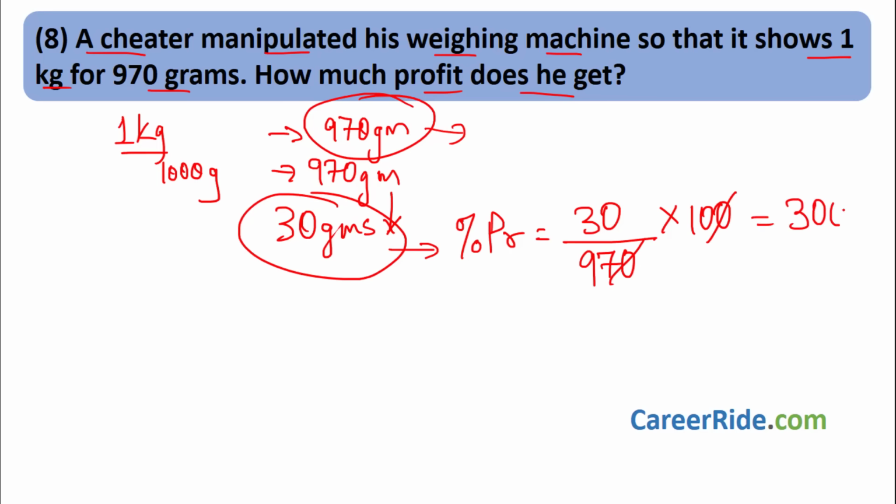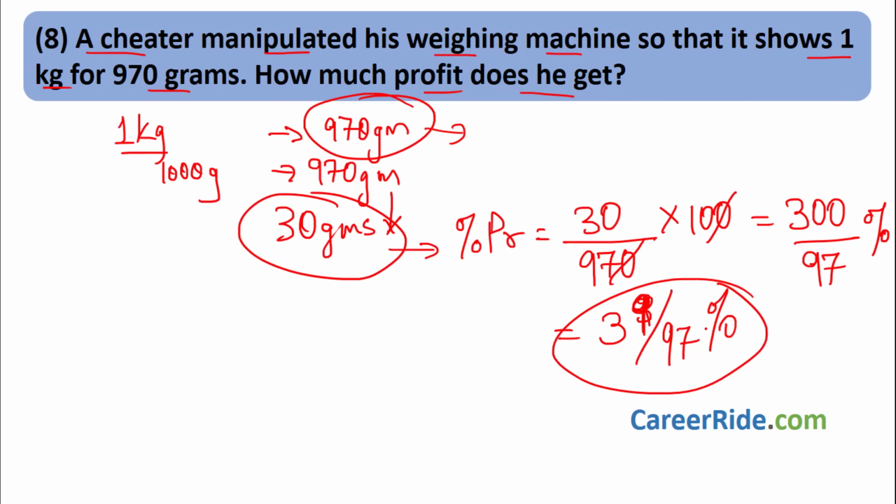We will have 300 upon 97%. This is the profit percentage. You can even have 97 into 3 is 291, so you will have 9 over here, 9 divided by 97, this much percentage. This is 9 by 97%. This much is the profit the cheater gets.